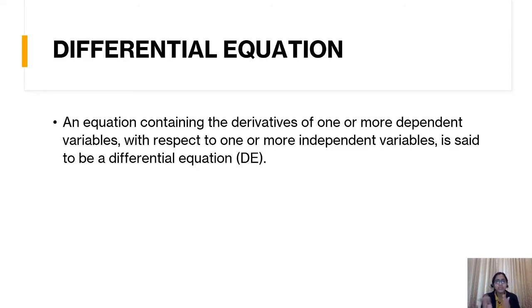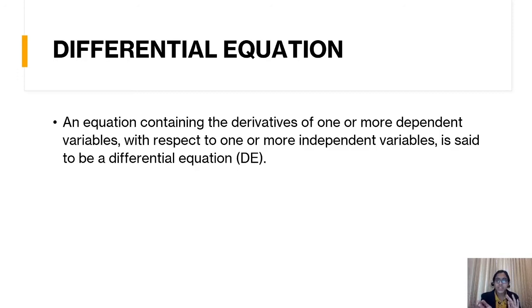Now what are dependent and independent variables? I think you must be familiar with it. If you are finding the derivative of y with respect to x, dy by dx, then y is the dependent variable, because if we have to differentiate y with respect to x, y must be a function of x. So y depends on x, and x is the independent variable.